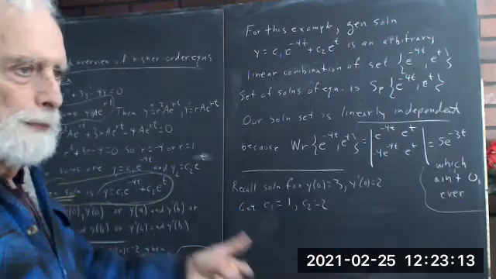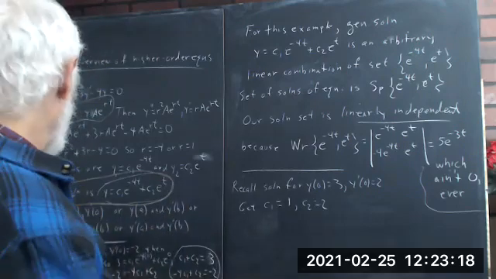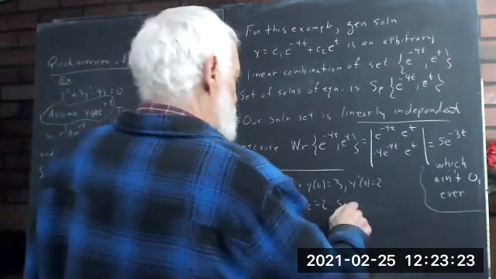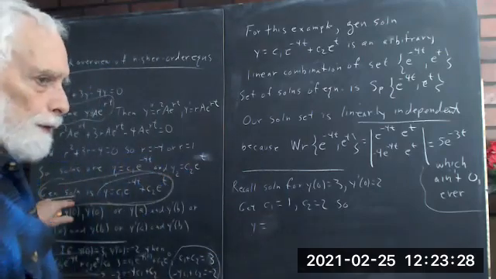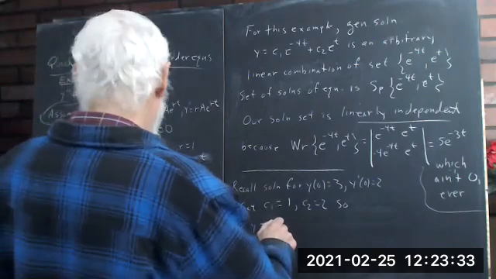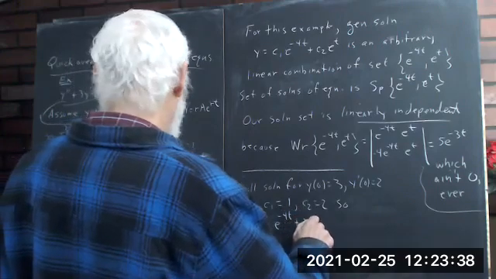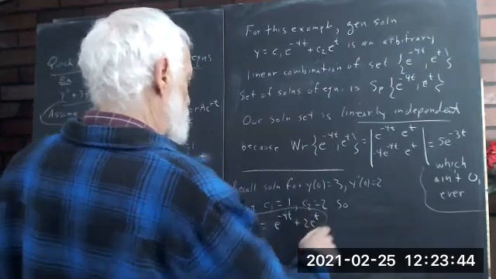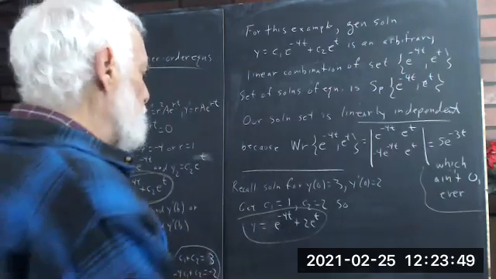I did it in my head. My head's pretty unreliable this morning, which is too often the case. But if that's true, here's our general solution. Plug in C1 and C2. We're going to get e to the negative 4t plus 2e to the t. Again, we can test that and see if I got the right solution. My point here is that this is a particular solution.